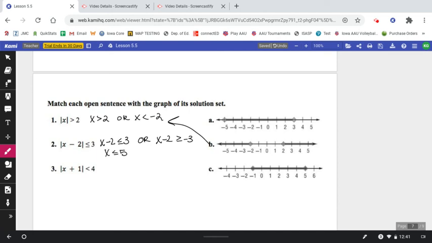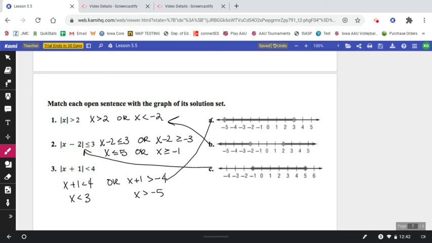So x is less than or equal to 5, or x is greater than or equal to negative 1. And the last one, x plus 1 is less than 4, so x is less than 3, or x plus 1 is greater than negative 4, so x is greater than 5.